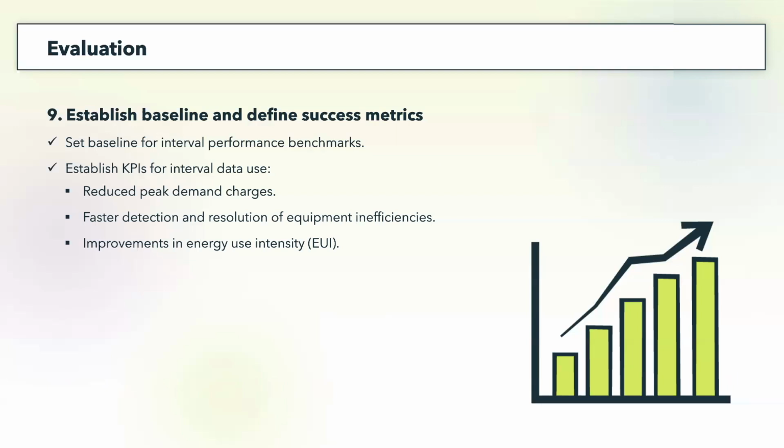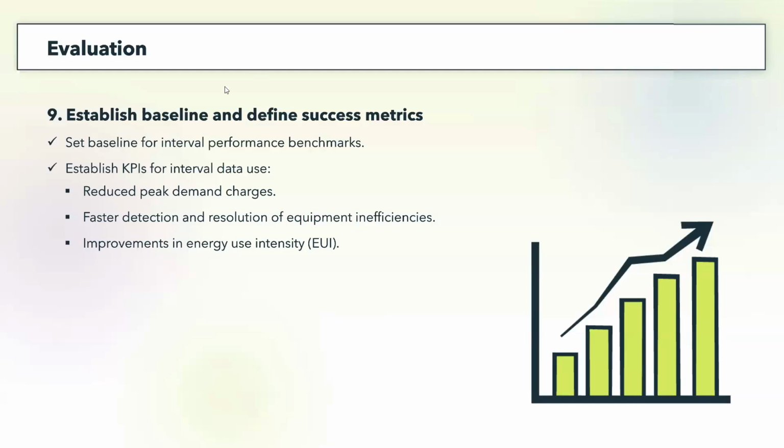Are we detecting and reacting quicker to equipment inefficiencies, failures, unexpected events? Are we improving our energy use intensity, EUI? So that is your energy usage per unit of floor area. So that could be your kilowatt hours per square feet or kilowatt hours per square meter, depending where you are, right? So those are just examples, right? Each industry, each location will have their own metrics, but those are some very, very popular ones, okay?